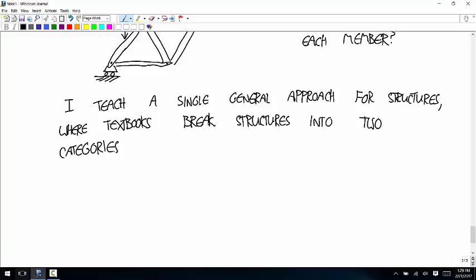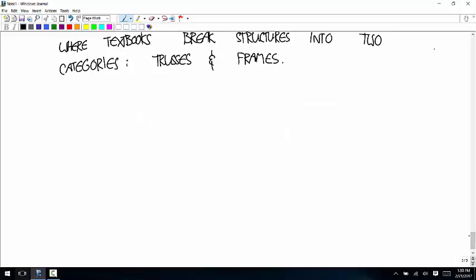And these categories are trusses and frames. And so I just want to explain what my thinking is on doing it this way.